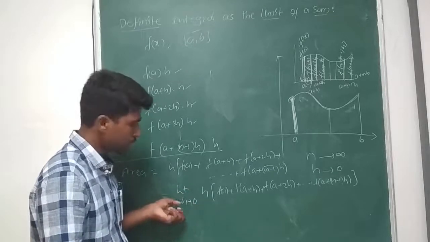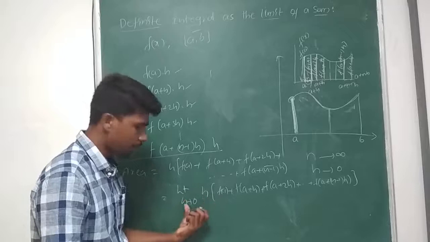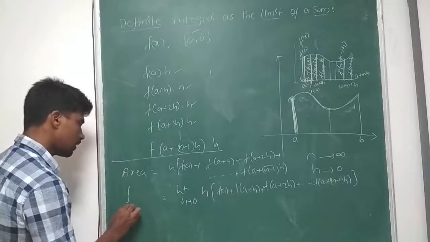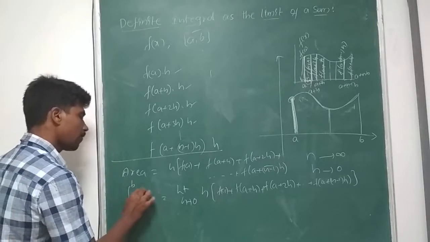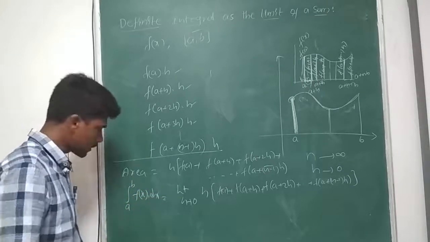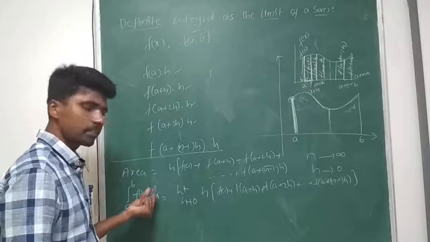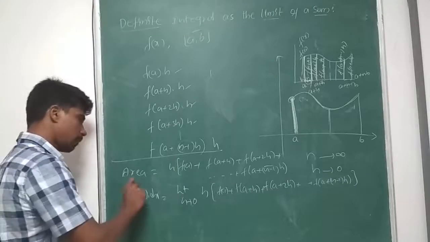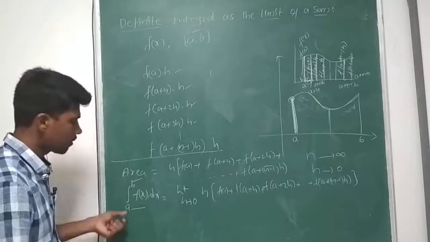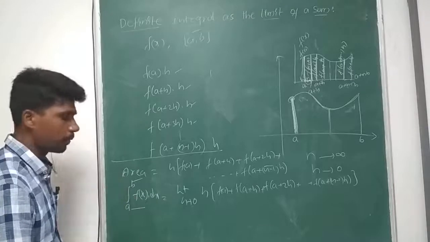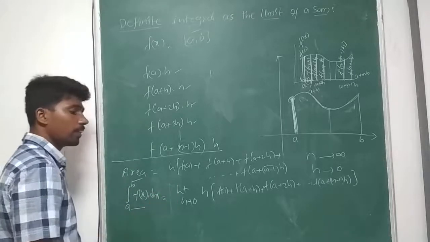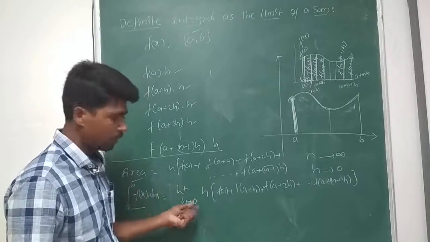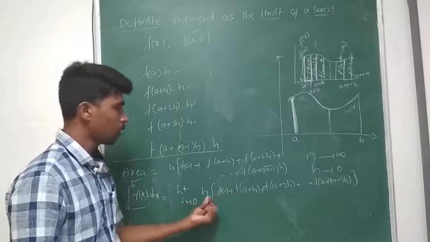It is represented as integral a to b f of x dx. Here a is called the lower limit and b is called the upper limit, and this expression is called the definite integral expressed as a limit of sum.